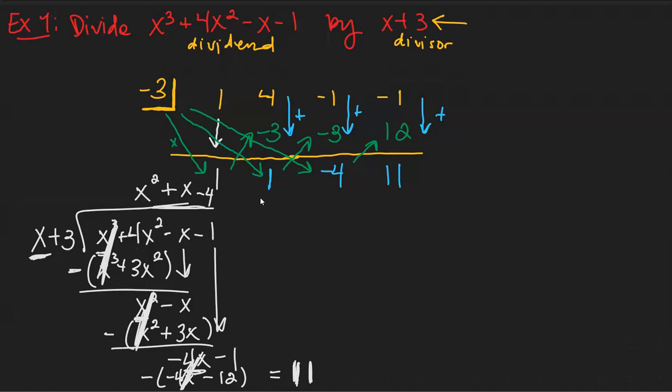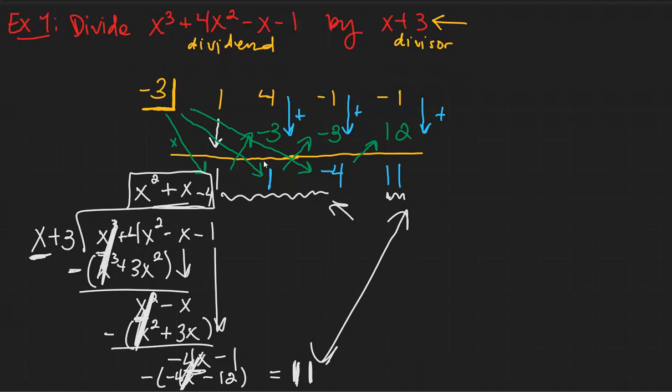Oh wow, do you see some kind of similarities here? Look at the coefficients of our quotient and look at these numbers we ended up with down here. These numbers are the coefficients of our quotient. And this 11 is our remainder. Okay?